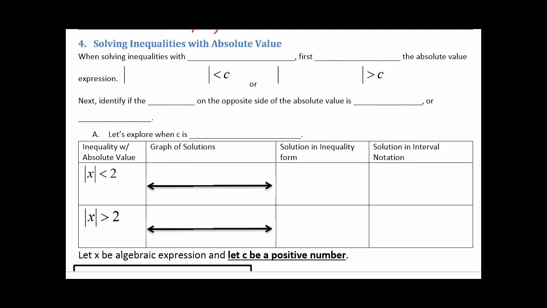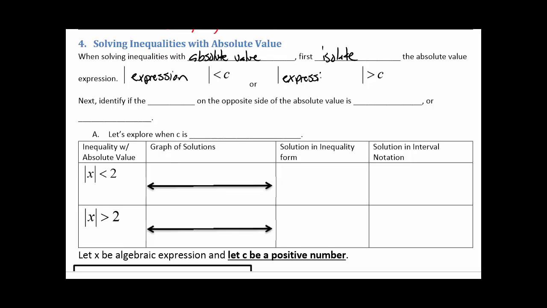All right, so when solving inequalities with absolute value, we first want to isolate the absolute value expression. So in other words, we want to rewrite it so it says the expression is either greater than some number or less than some number.